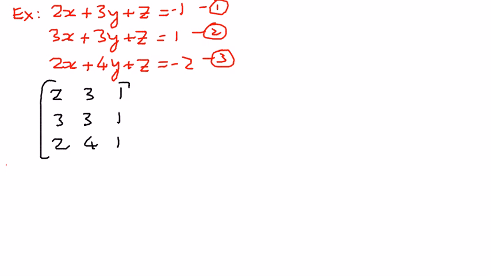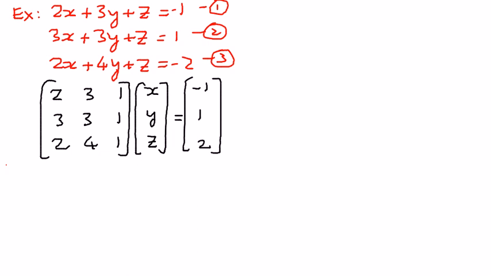And then times the X matrix here, which is x, y, and z, and the constant matrix are the numbers on the right hand side of the equal sign, which are -1, 1, and -2. Okay, so this is the A matrix, this is the X matrix, and this is the constant matrix B.